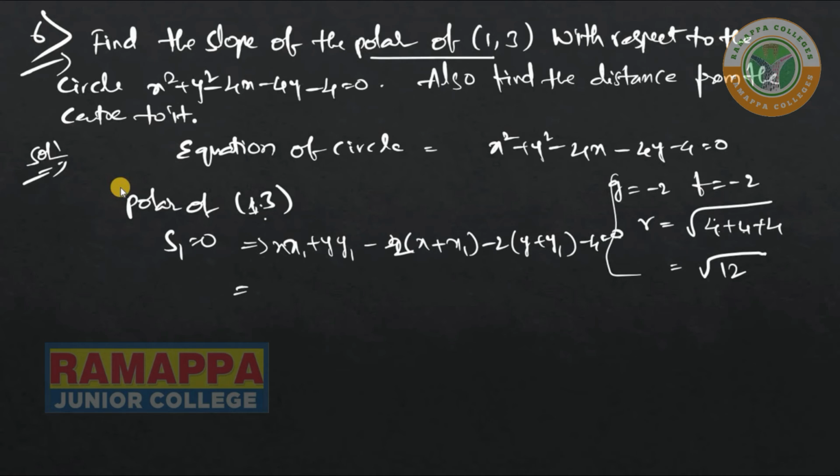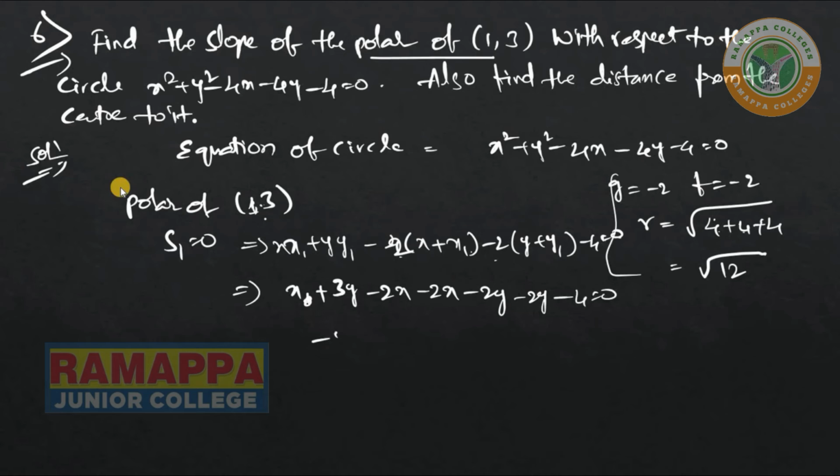In this we have to substitute the values. x1 is 1 and y1 is 3. So x plus 3y minus 2x minus 2x1 minus 2y minus 2y1 minus 4 is equal to 0.